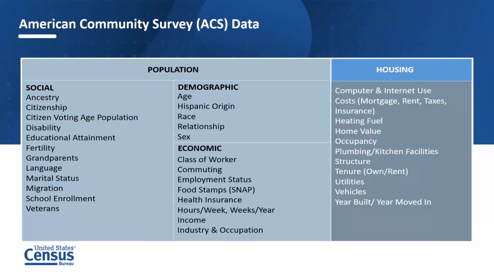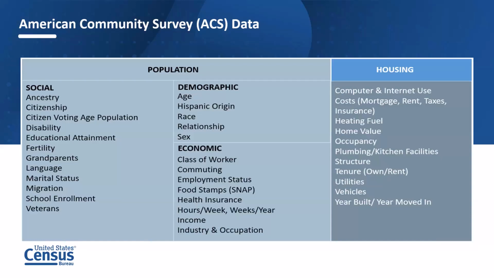These are the data topics for the ACS, broken down by social, demographic, economic, and housing. So you can see, for example, if you look at the topics, what languages do people speak at home, or how many people have a bachelor's degree or higher in your city or town? How many veterans are there?